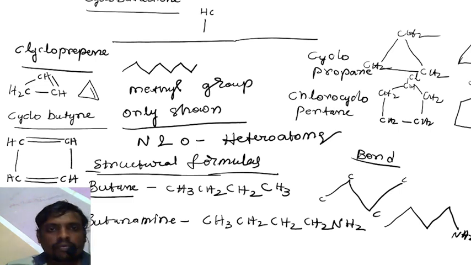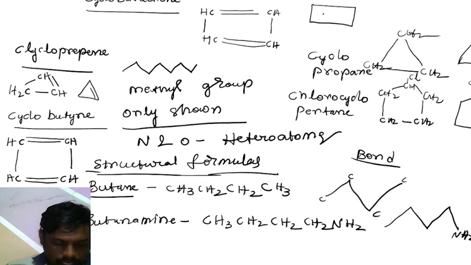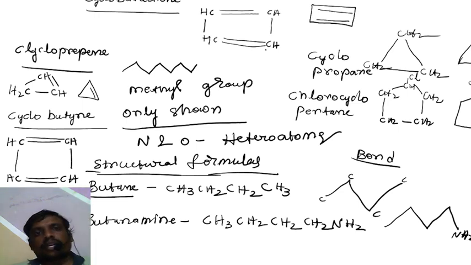Here also one hydrogen and carbon is there, and here also one more carbon. In total we must get 4 carbons, and between these 2 carbons a bond must be there. Double bond, and this is the structural formula. And the bond line diagram for cyclobutadiene will generally look like this.